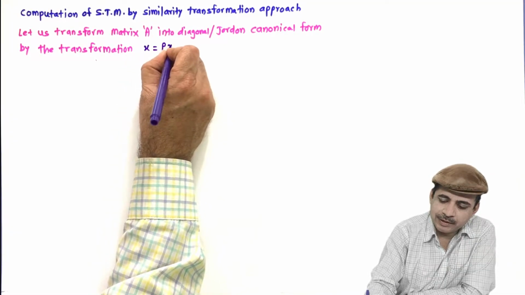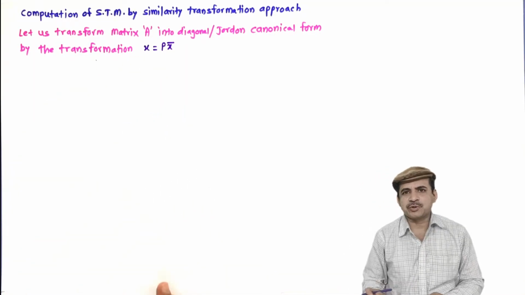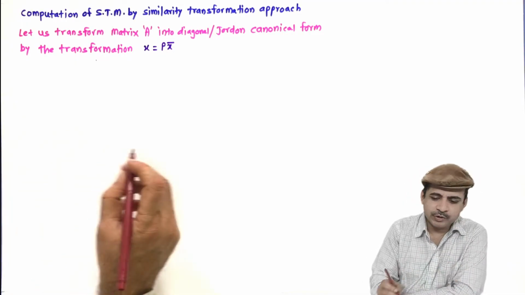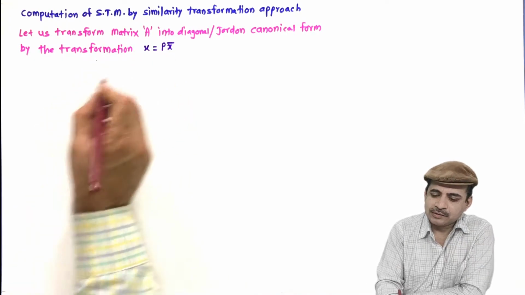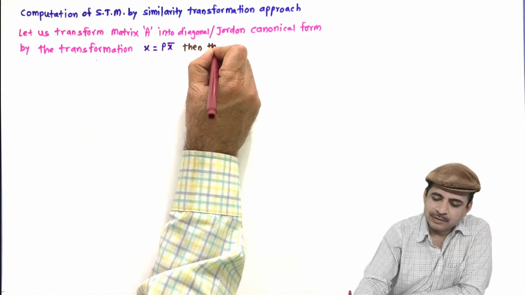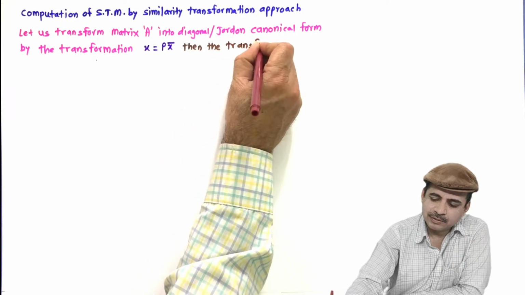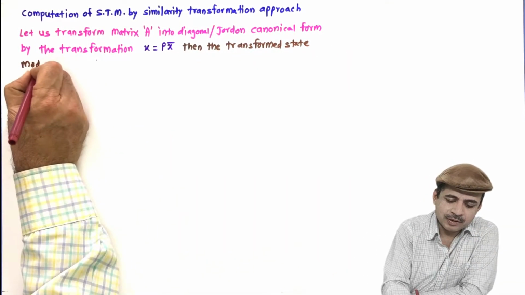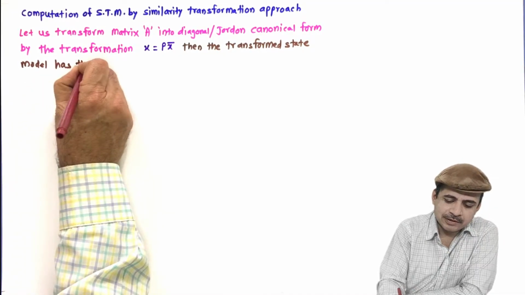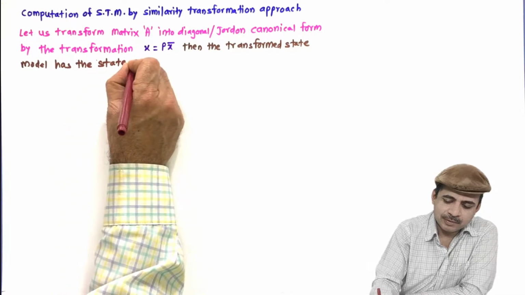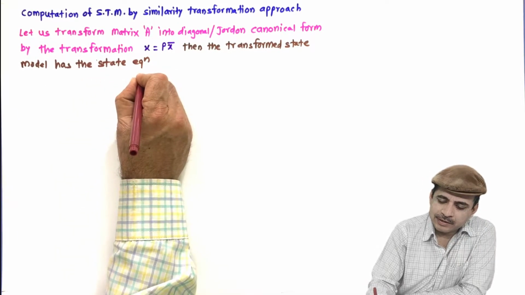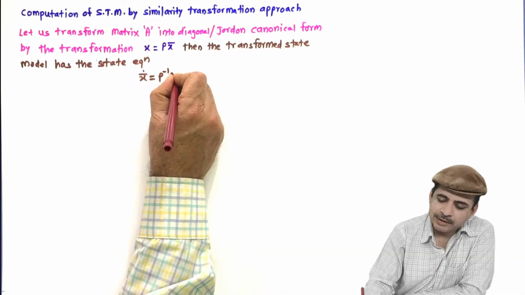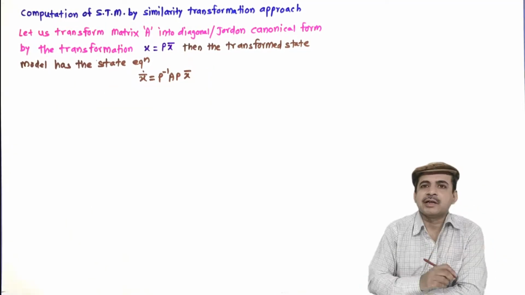x is equal to P x bar, which we have already seen. We use this transformation where P is the modal matrix, and then we get the transformed state model, which has the state equation x bar dot is equal to P inverse AP x bar.